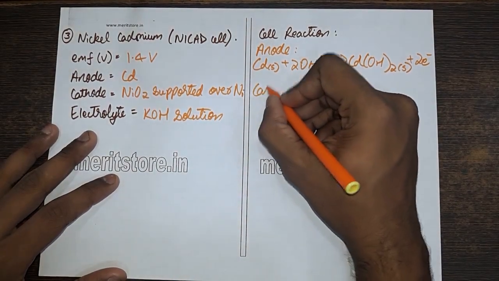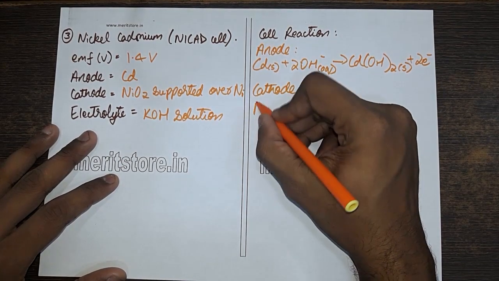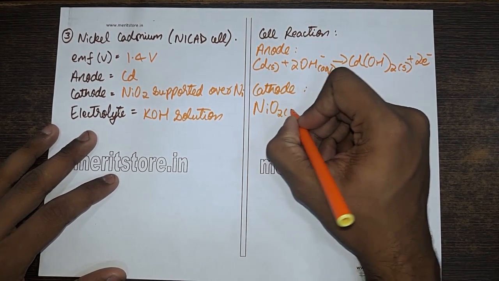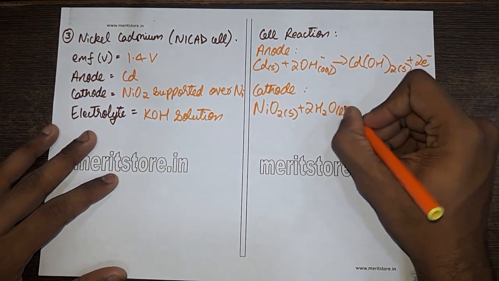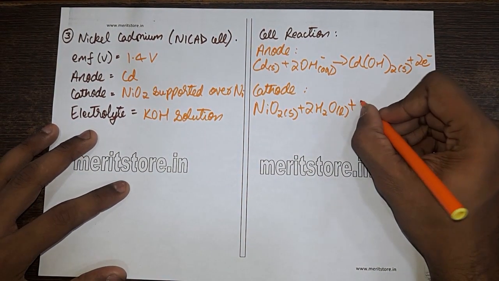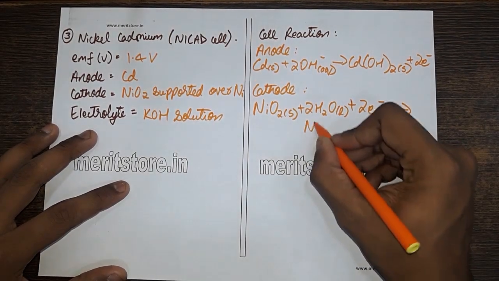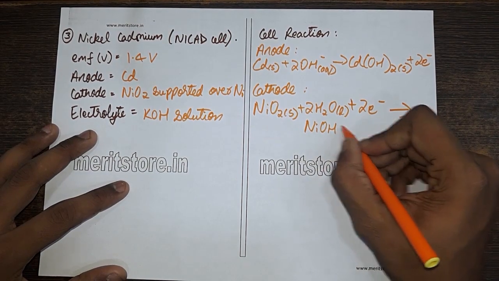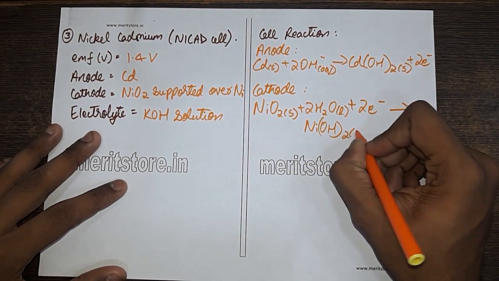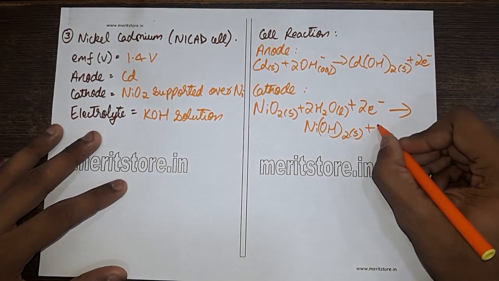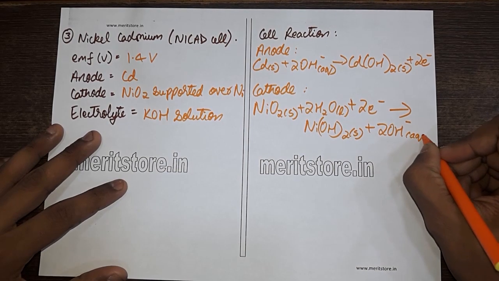At the cathode we have NiO2 in the solid state plus 2H2O in the liquid state plus 2 electrons, giving us Ni(OH)2 in the solid state plus 2OH- in the aqueous state.